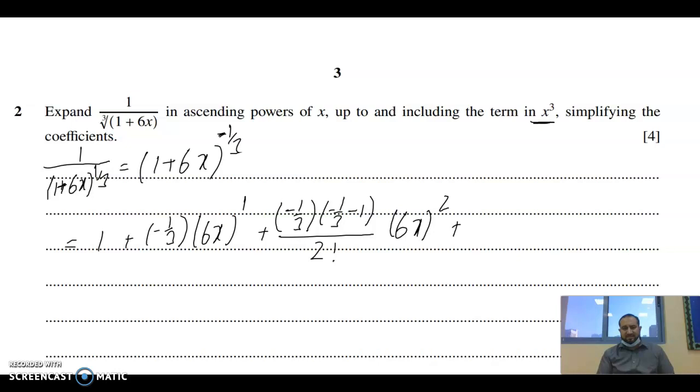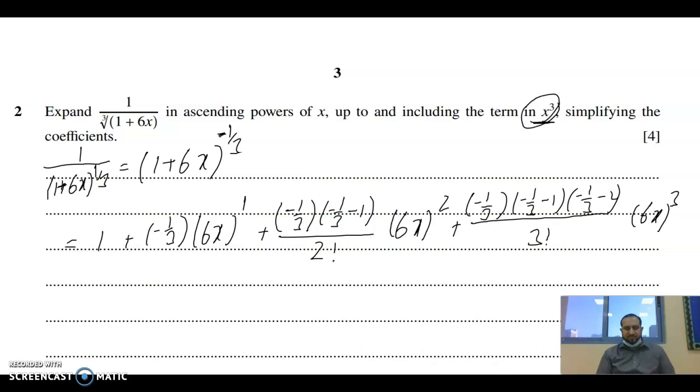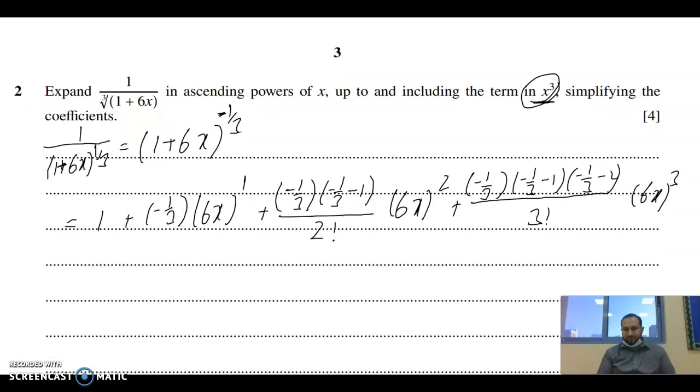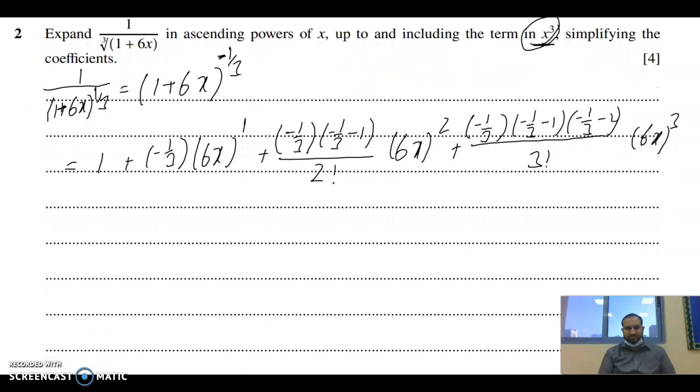Then plus n times n minus 1 times n minus 2 over 3 factorial, 6x to the power of 3, because it says we have to include the term in x cubed, so we need to write till 6x cubed.